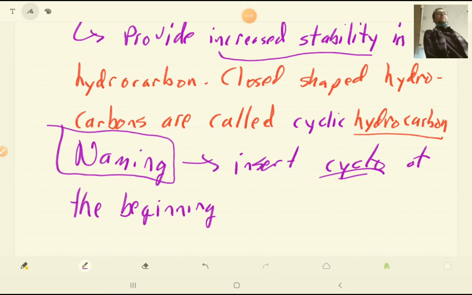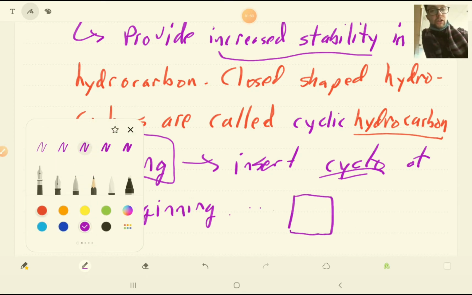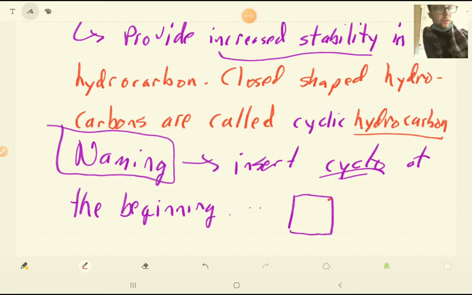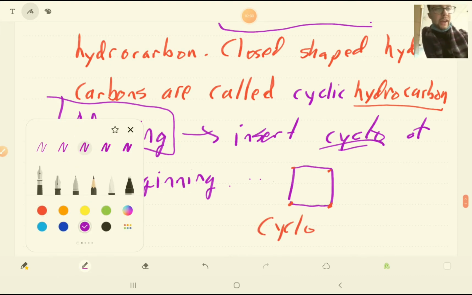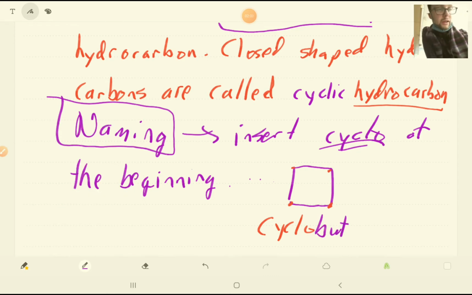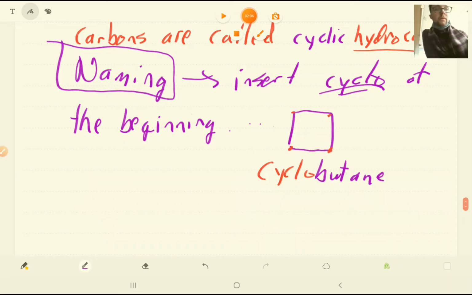You would normally call it a butane. If it forms a closed shape like a square, where each corner represents a carbon, this would be called cyclobutane, assuming that it has no double bonds or triple bonds.